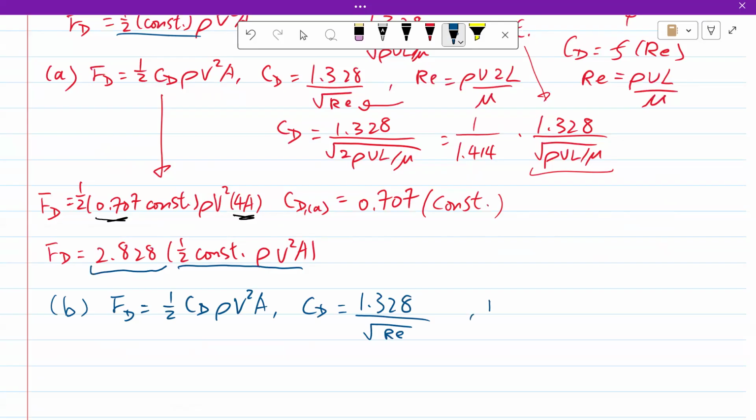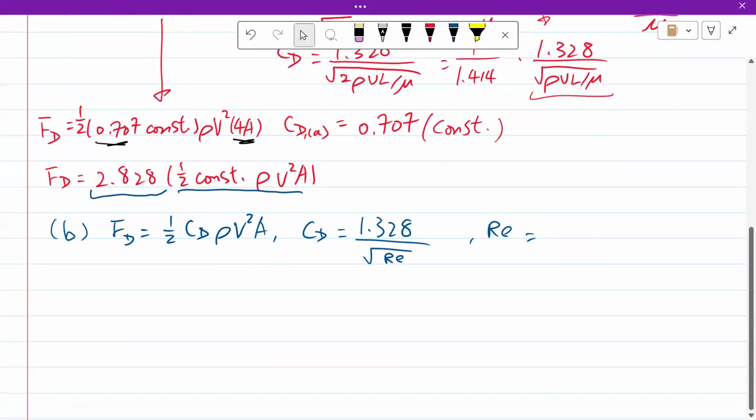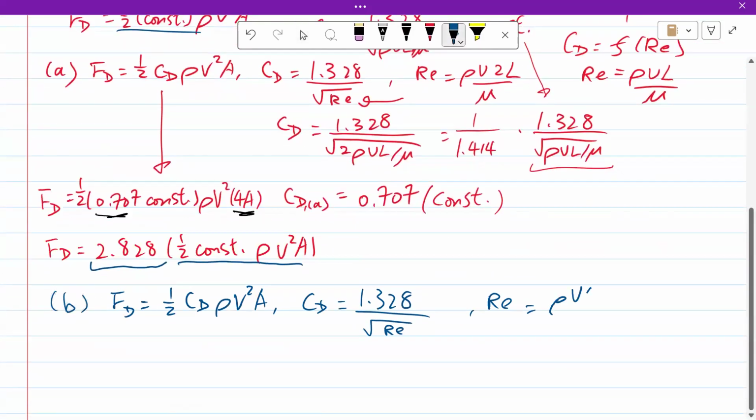Your Reynolds number has changed yet again, because now the new length is 4L. So RE is equal to rho U 4L divided by mu.